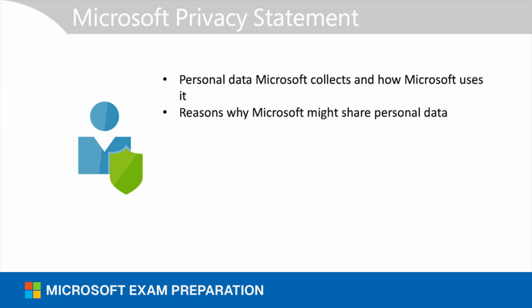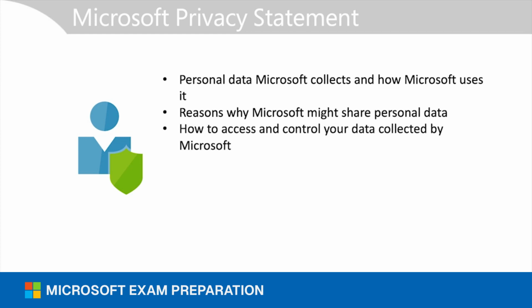The privacy statement also outlines reasons why Microsoft might share personal data, such as when you conduct a transaction with Microsoft or if they're required to share data by law. You're also notified about how to access the data that Microsoft has collected and how you can control it, including the ability to opt out of internet-based targeted advertising.